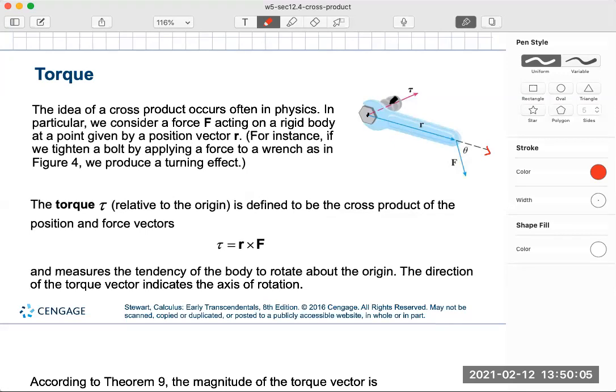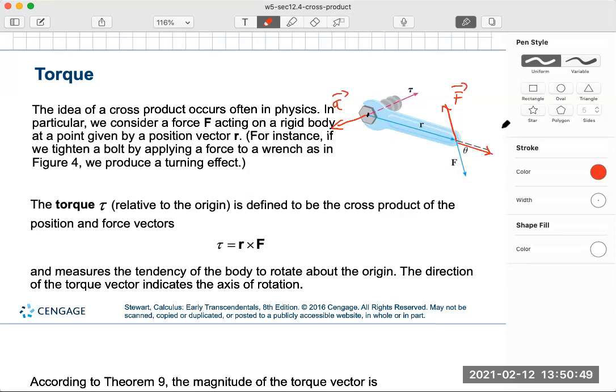Okay? Suppose now we have the vector F pointing this direction, right? Then tau here will be pointing in the opposite direction. Do you see it? Because now this is R, because it's pointing this way.